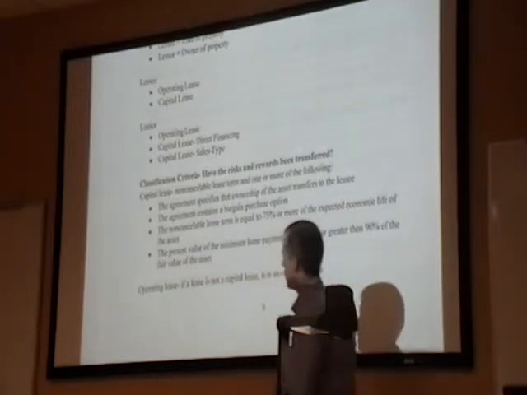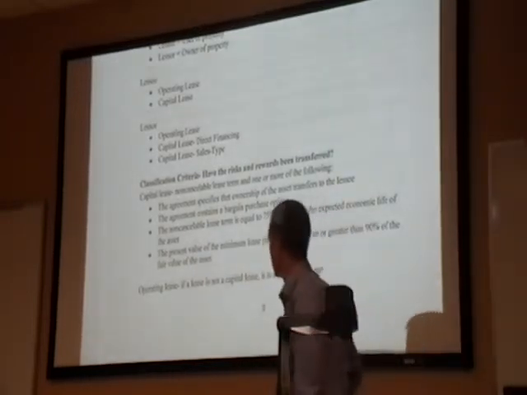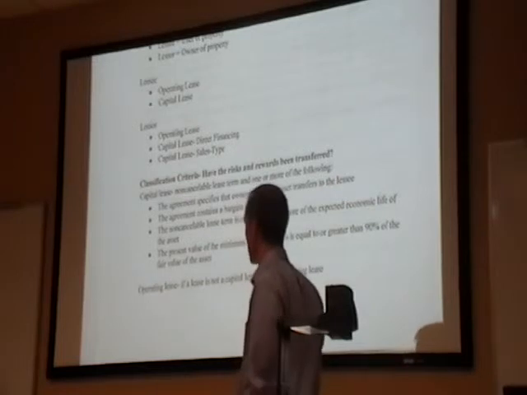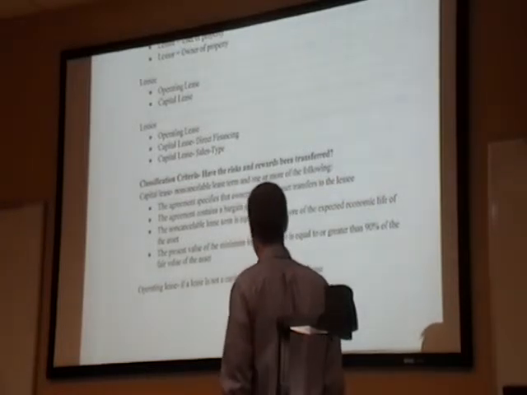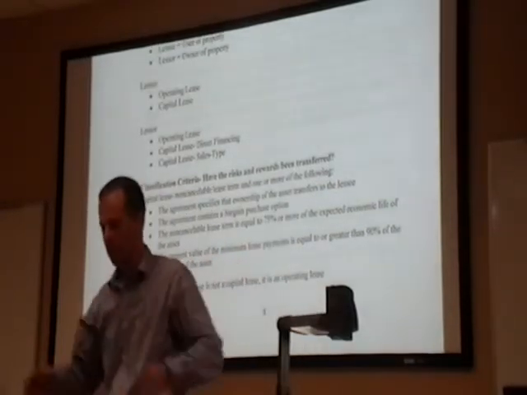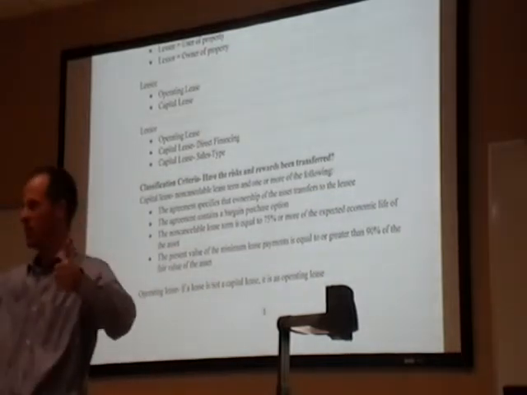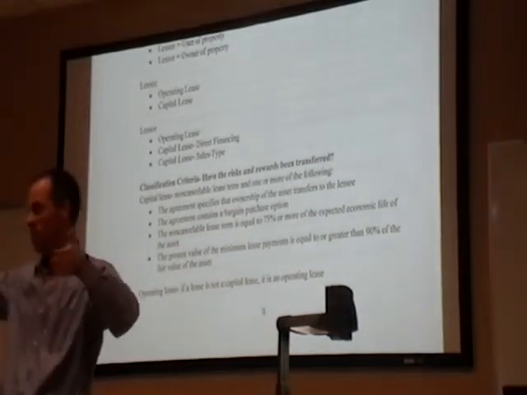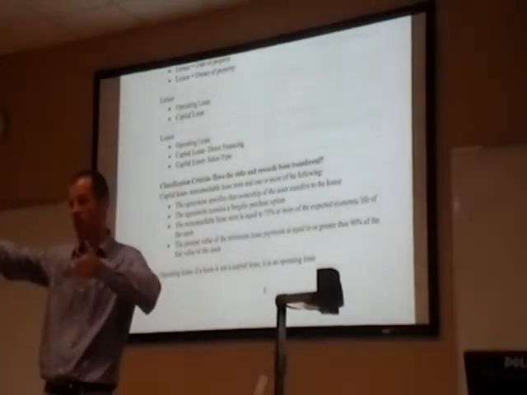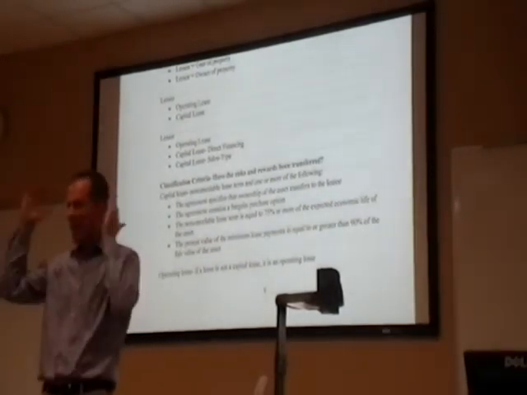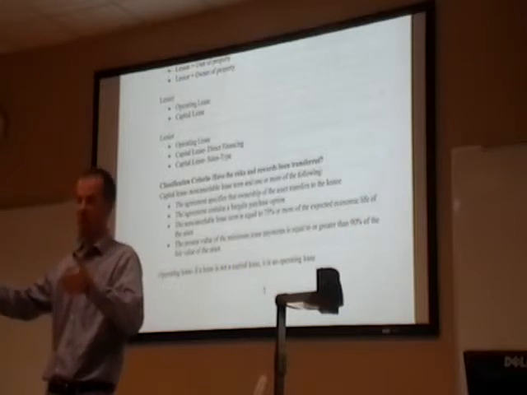The third one: the non-cancelable lease term is equal to or greater than 75% of the expected economic life of the asset. So let's say the economic life of an asset is 10 years. We have an airplane, that's a very short time for an airplane, but let's say it's 10 years. If the lease term is 8 years, it must be a capital lease.